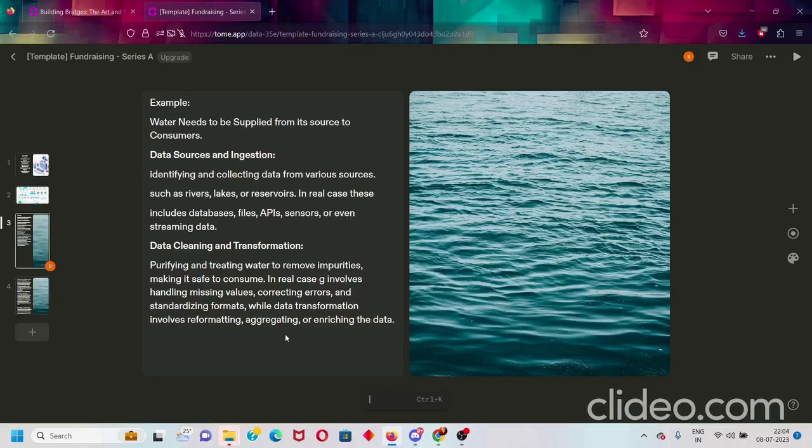Transformations involve reformatting, aggregating, or enriching the data. This is the data cleaning and transformation.